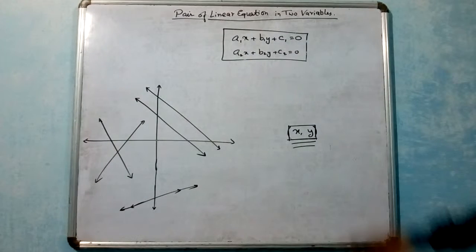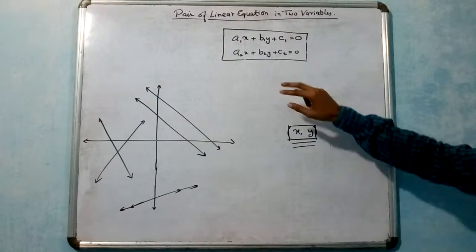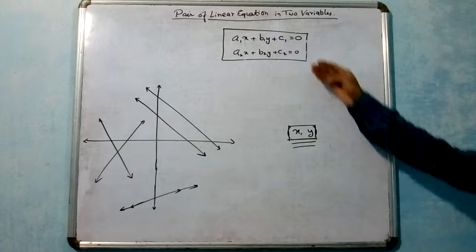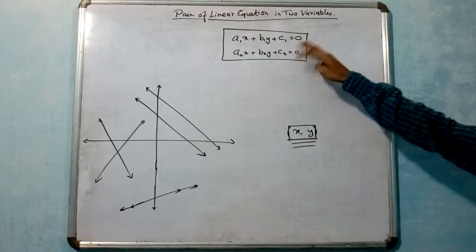So these are the three possibilities shown here. When we represent these two on the graph, three possibilities can come.